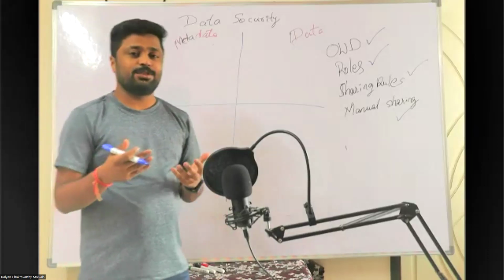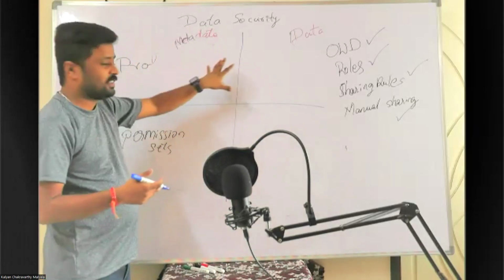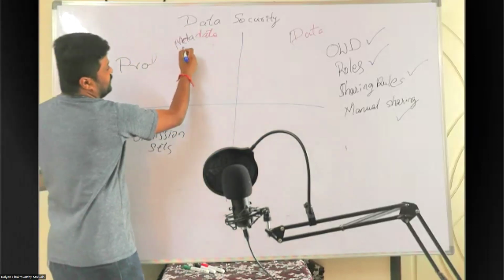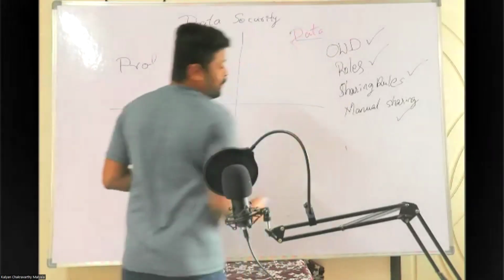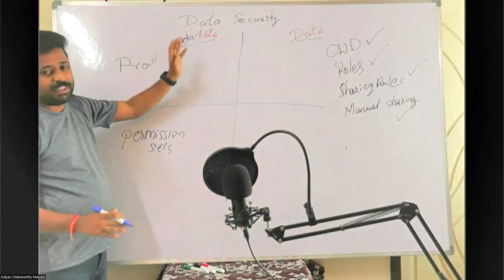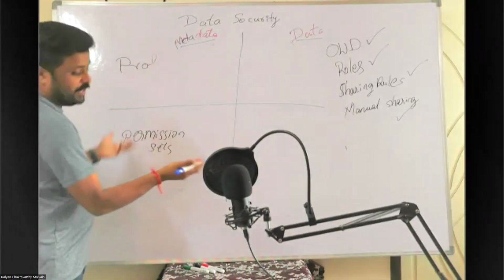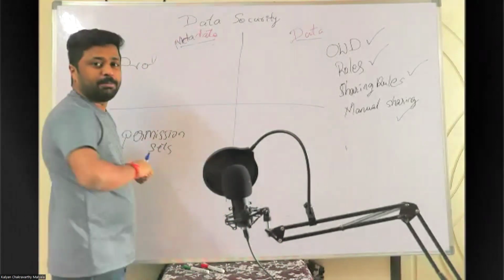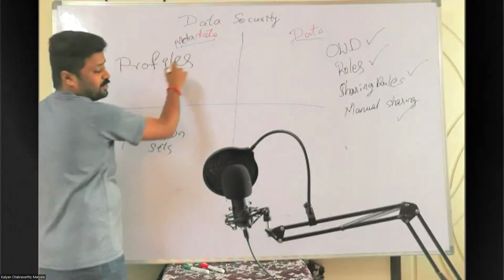In such scenarios, what I used to do is draw four chambers, a four-part diagram like this. I used to mention metadata and data. For the metadata, we use the profiles concept.